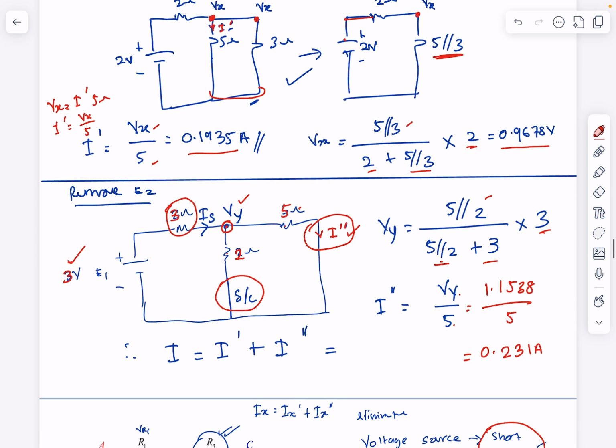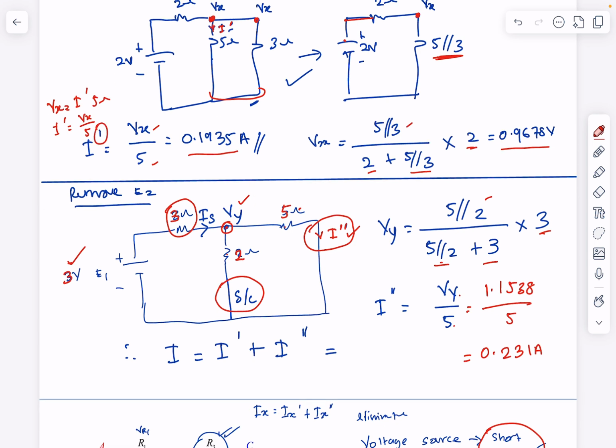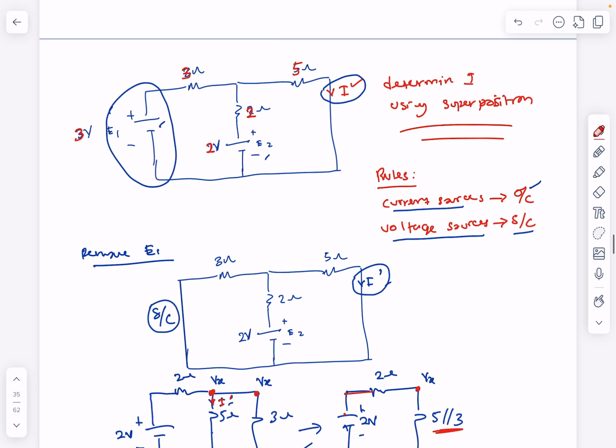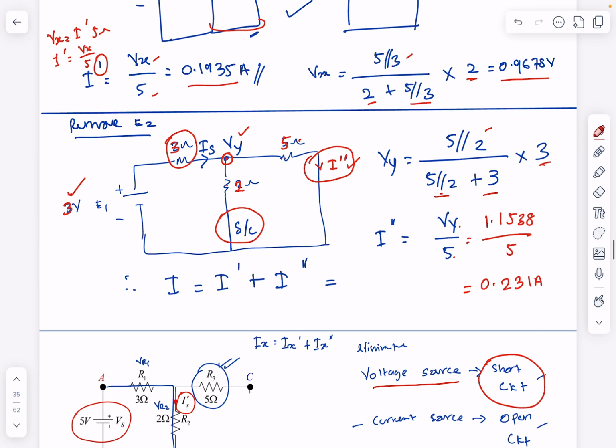So you have I single prime, whose direction is the same as before. I single prime and I double prime have the same direction. So you can just add. So I is equal to 0.1935 plus 0.231, and your total current is equal to 0.4245 ampere.